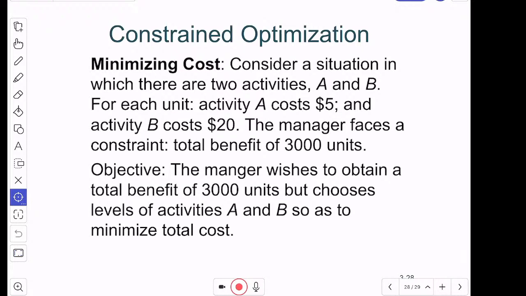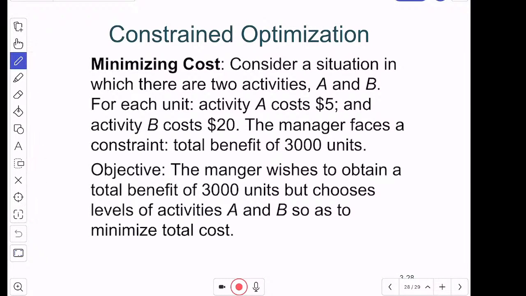Okay, so we're going to minimize costs, but our constraint now, we're going to flip it. This is cost minimization, where you're not constrained by the cost like we were with the budget constraint in the last example, but instead we're minimizing cost, and our constraint is that we want to achieve a certain level of benefit.